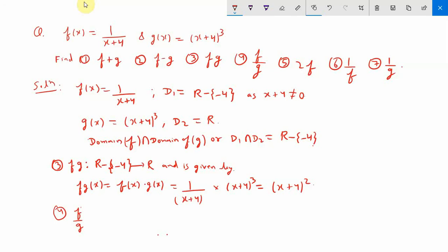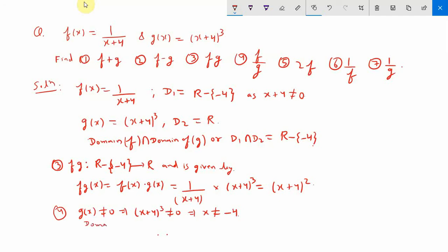So we have to exclude all those values of x for which g(x) equal to 0. So we can write g(x) is not equal to 0. It implies (x plus 4) cube is not equal to 0 and it will give x is not equal to minus 4, but f(x) is also defined when x is not equal to minus 4. So domain will be R minus {minus 4}.